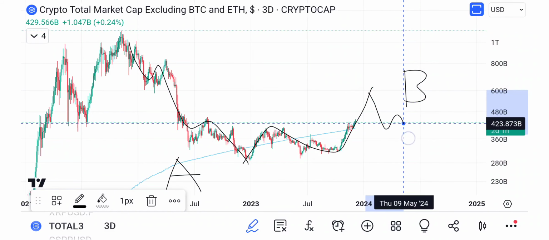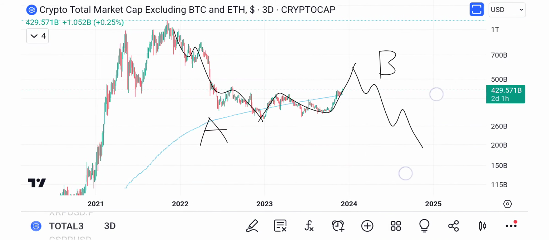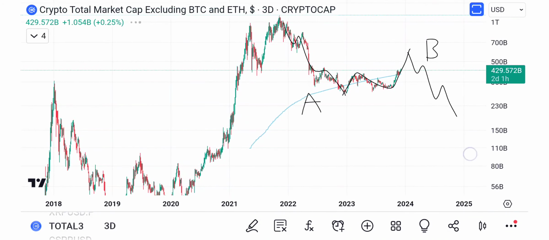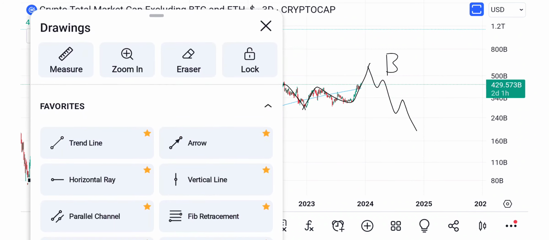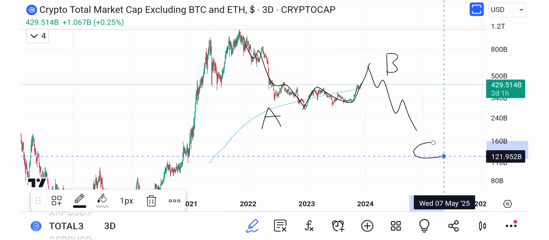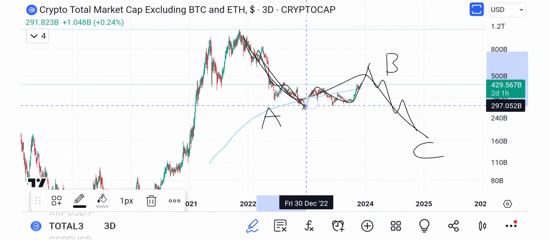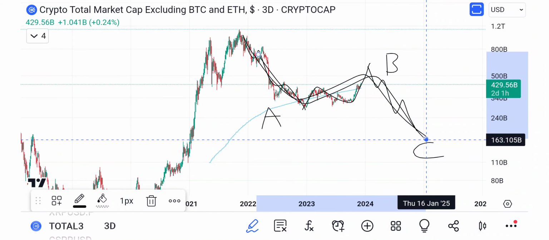And then we come down for another 5 waves, which would be wave C. So let me put that right there. So wave C, right? And that whole thing would be A, B, C. But the question is, is B finished? I don't think B is finished.